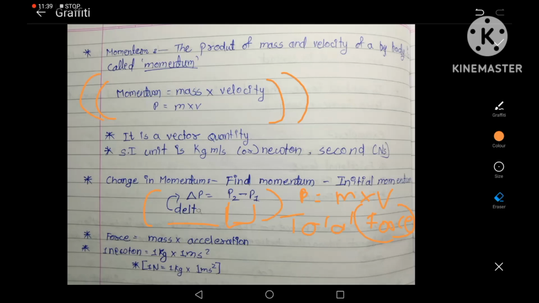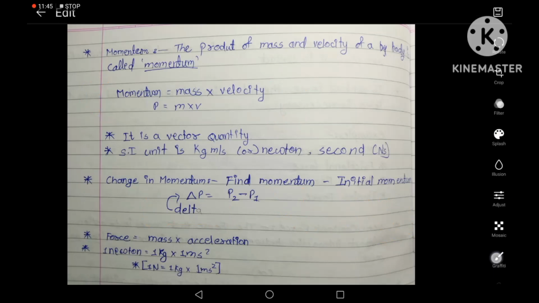For this it is given, you have to find this. Force is mass multiplied by acceleration. In the question you will have the quantity of the mass and the quantity of the acceleration, that is the change in the velocity.